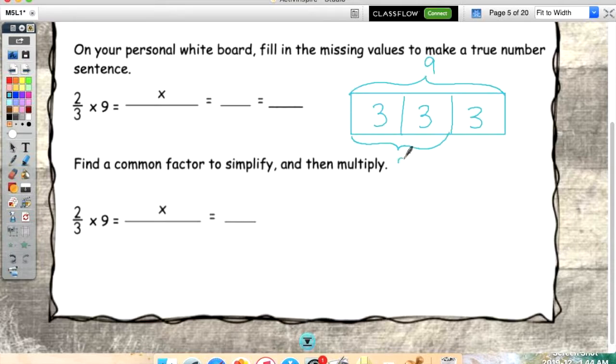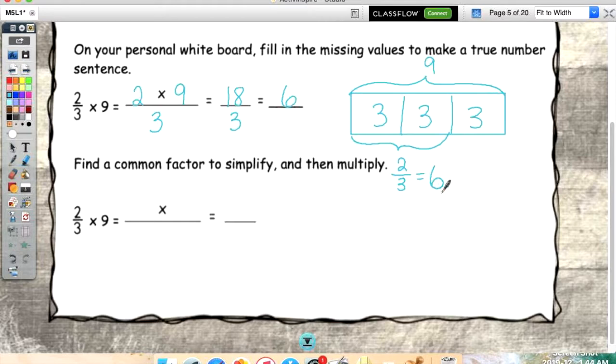So 2/3 equals what number, boys and girls? 6, okay? All right, so tell me what to write. Brendan, tell me what to write right here. 2 times 9 divided by 3. Good. What's 2 times 9? 18. Divided by 3, what's the answer? 6. Is that what I got here?